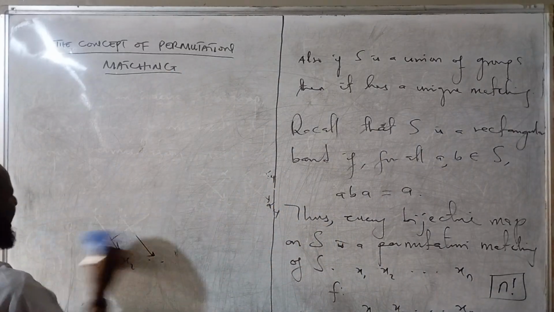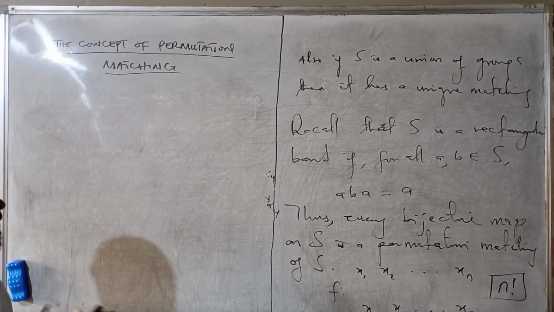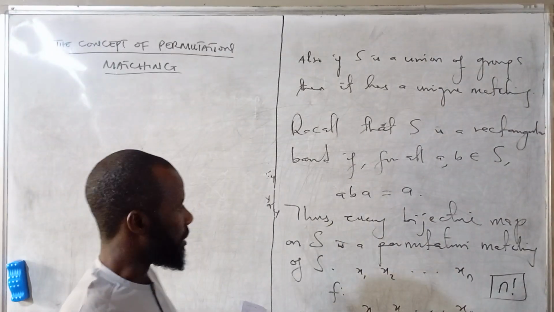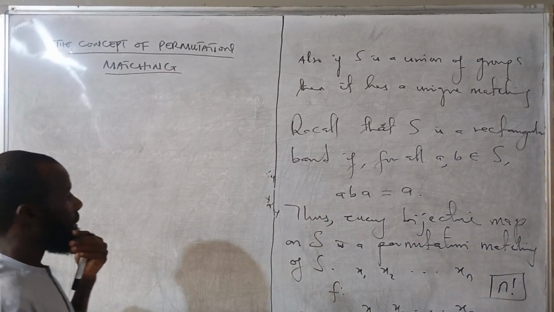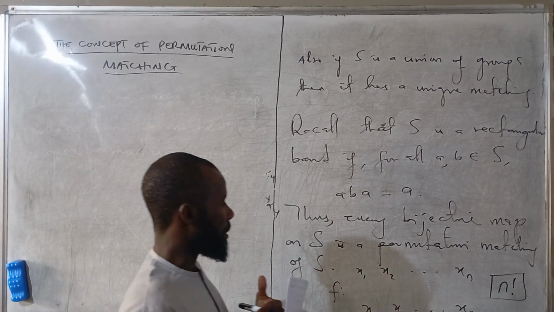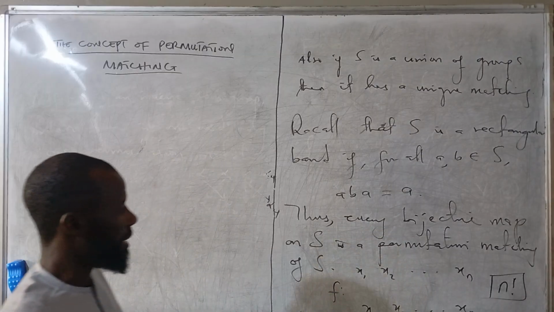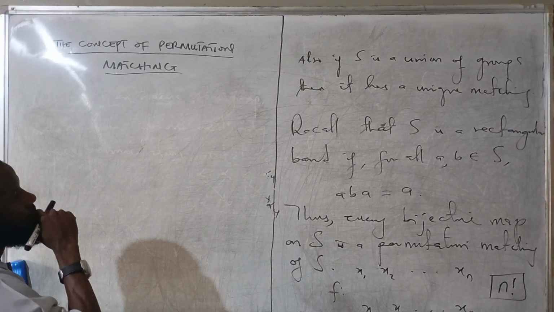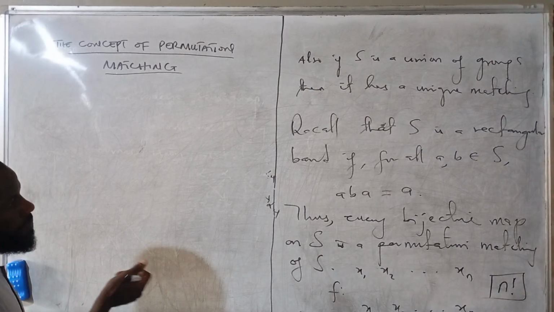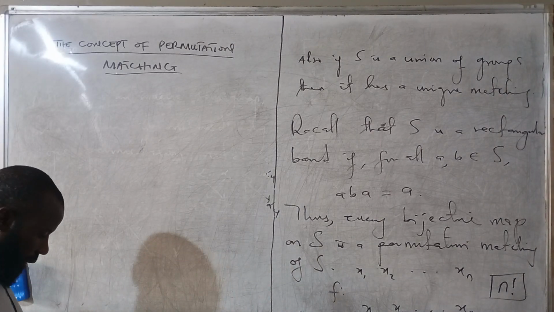So this is what we call a matching. Actually this concept is entirely not trivial, and it is not a vague concept, in the sense that it is not difficult to provide an example. You can see so many examples already.